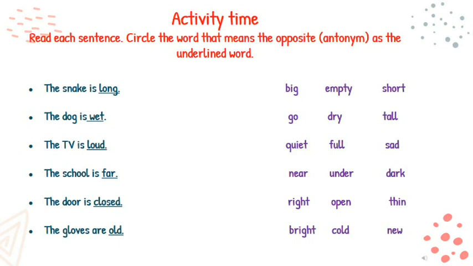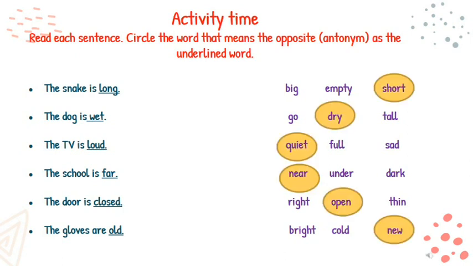Okay students, now I'm going to share the answers with you. Let's see. First one. The snake is long. What is the opposite word of long? Can you guess? Yes, short. Well done students. Second one.